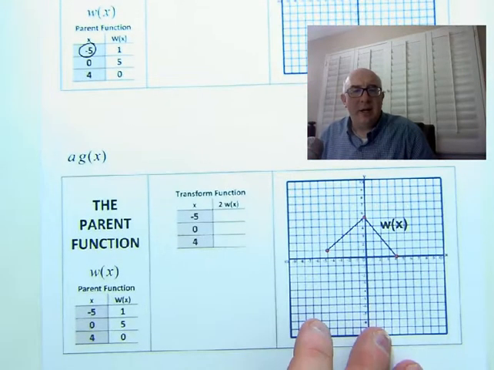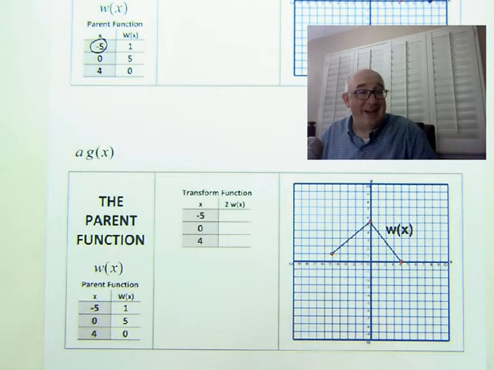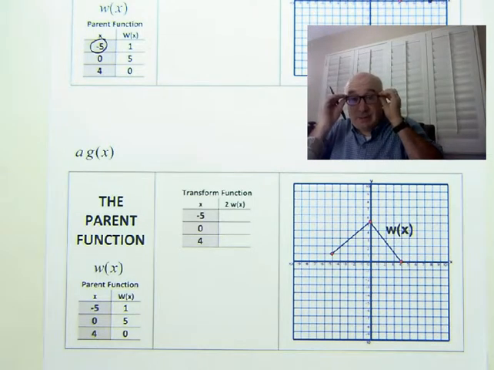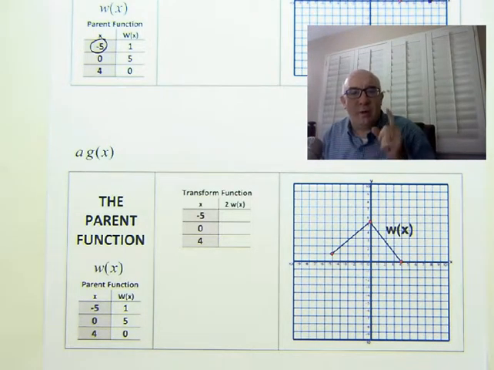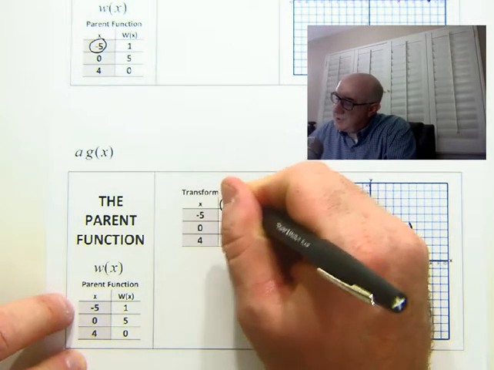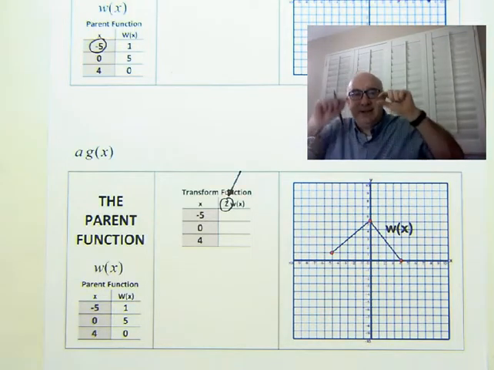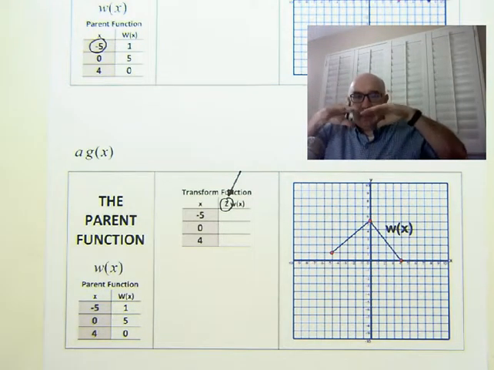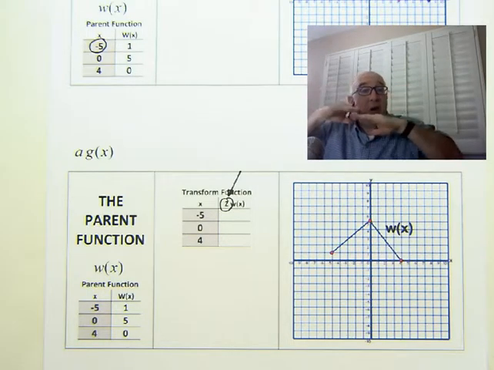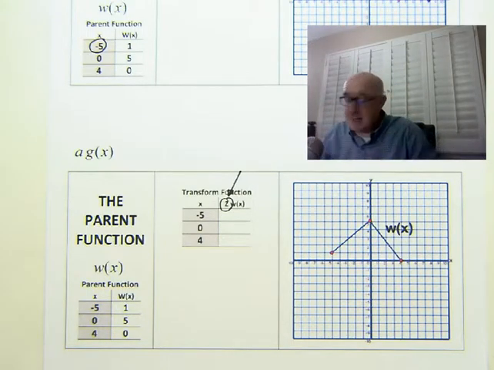Now in this case, I'm not going to do all of the things that A can do. A can do a couple of things. I'm just going to go over one of them, and they all kind of work similarly here. A value is 2. The multiplier is a 2. What that means is everything is going to get dilated or expanded twice as much as what it once was from the x-axis.